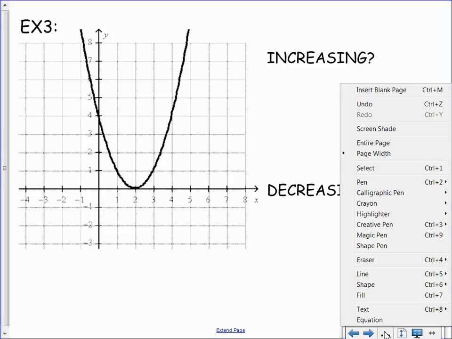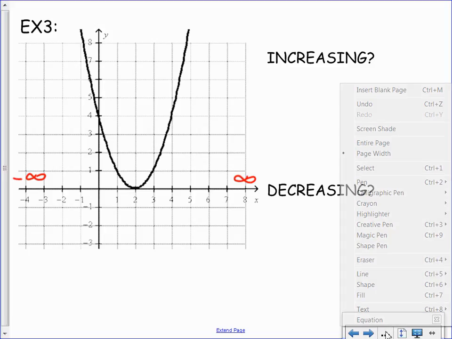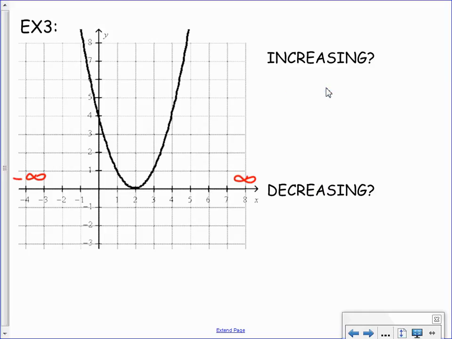Diagram. We have negative infinity and positive infinity on this side. From the left to the right, the graph starts by going down, and then it gets to a point, and then it starts going up again. What's that point?